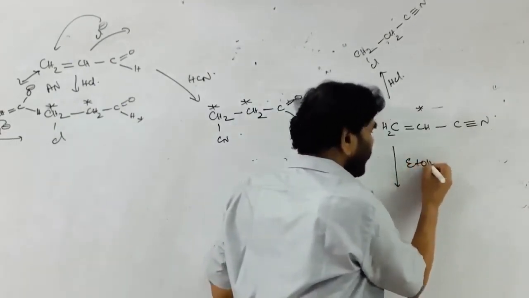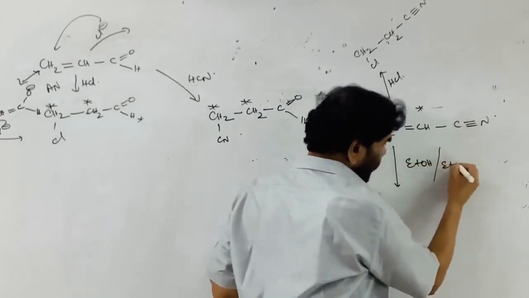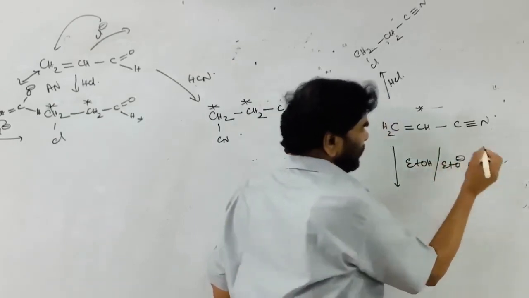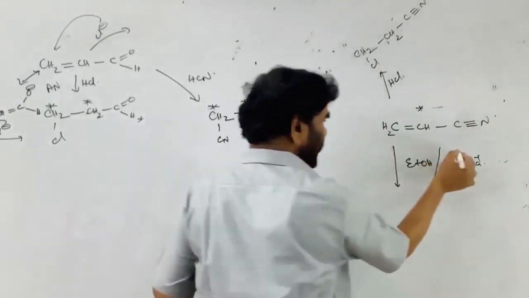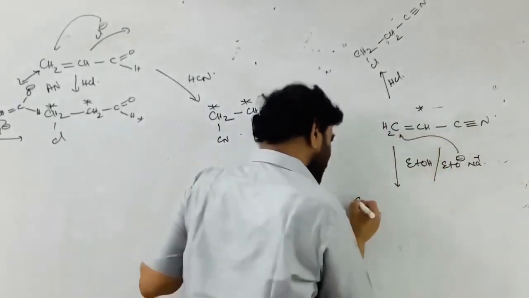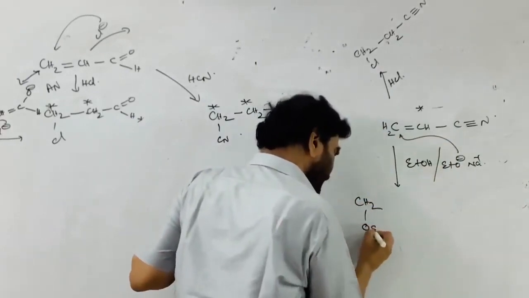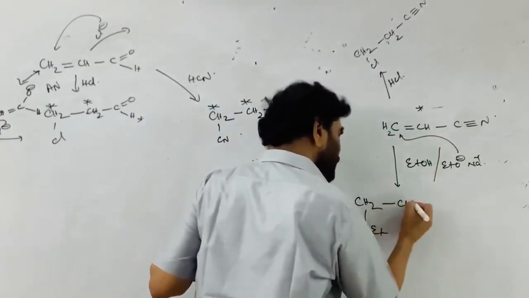Ethyl alcohol in the presence of ethoxide ion, sodium ethoxide. Ethoxide is the nucleophile. This attacks here. This is CH2 OEt. This is CH minus.